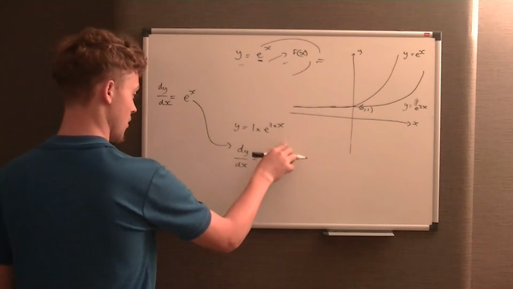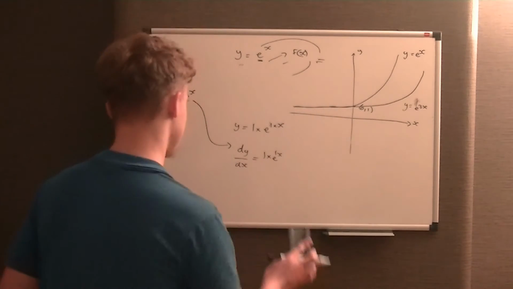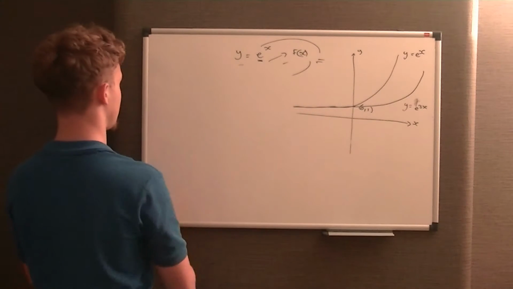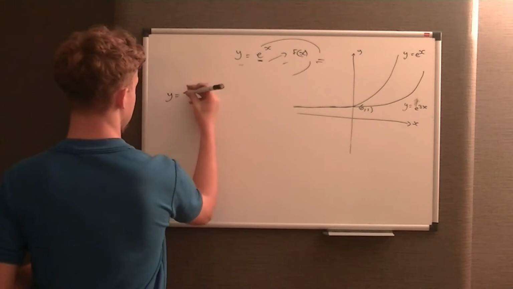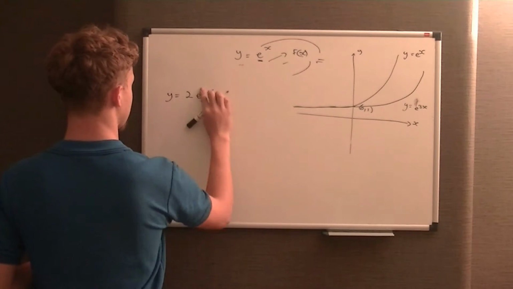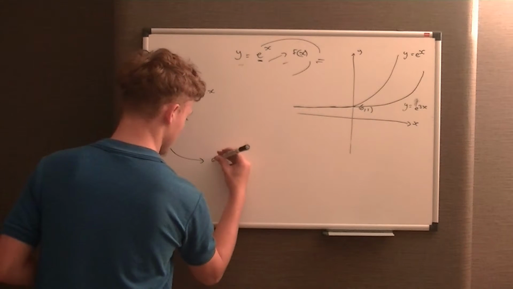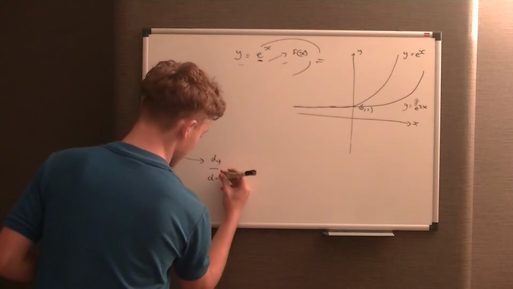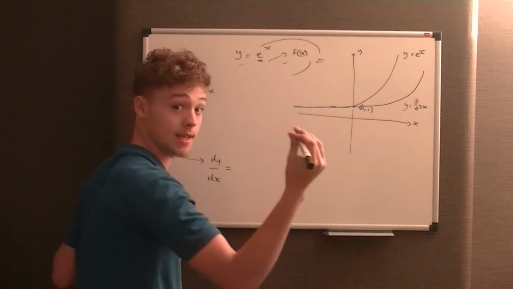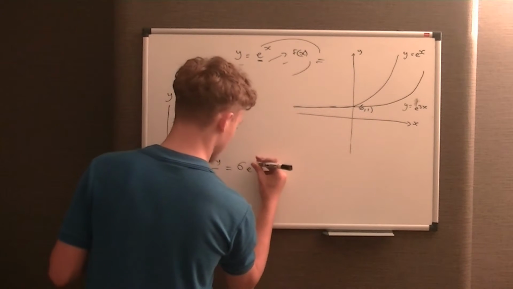I've kept the same power and multiplied by that. If that doesn't make sense, I'll do it again with different numbers. Say our equation is y equals 2 e to the power 3x, and our differential, dy dx, would be 3 times 2, which is 6, so it would be 6 times the exponential to the power 3x.